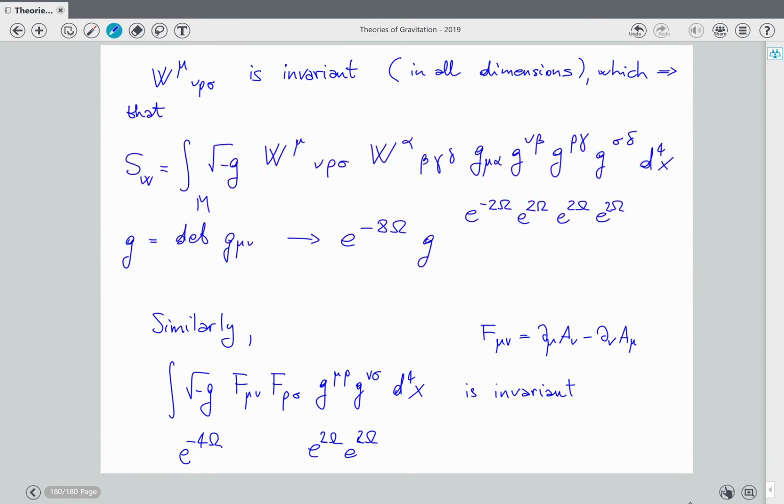That in 4 dimensions only, the action, which is called Weil action, is invariant.